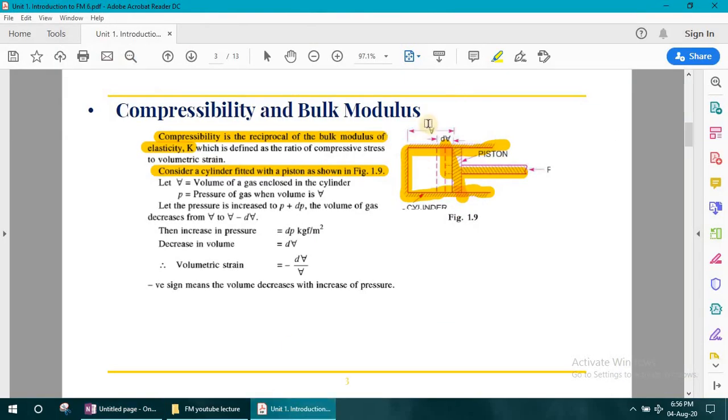Okay, so I have shown in this diagram, the whole large volume is V and the small volume is represented by dV, where V is the volume of gas enclosed in a cylinder. When the piston is at the top side, total volume is represented by V. And suppose P is the pressure of the gases when V is the volume.